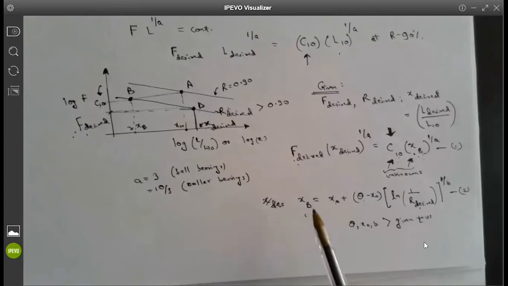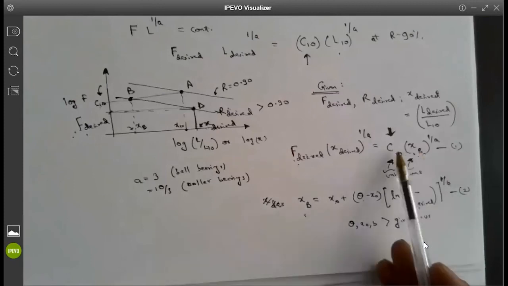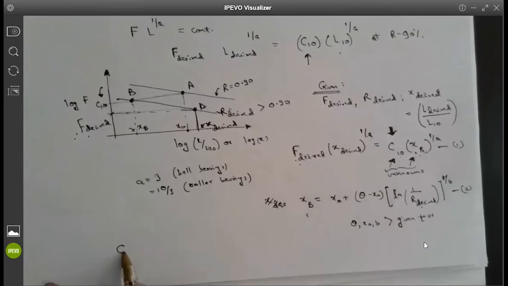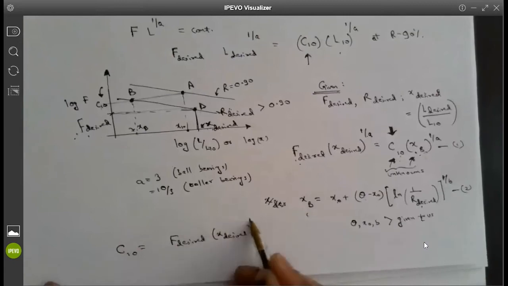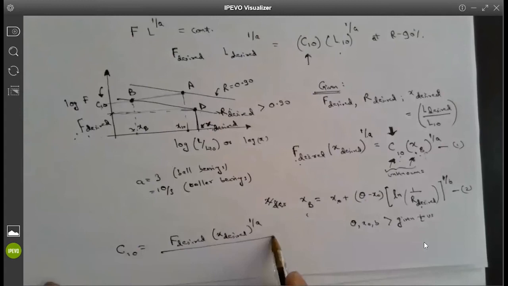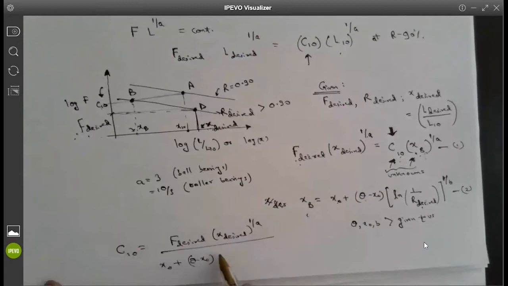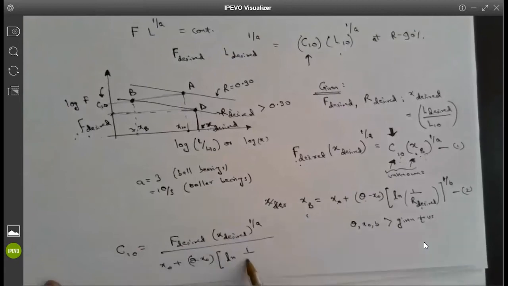Once you know xb, you can substitute in this and you can find C10. Your C10 expression would be F desired times (x desired over x naught plus (theta minus x naught) times the natural logarithm of 1 over r desired, to the power 1 over b), all raised to 1 over a.